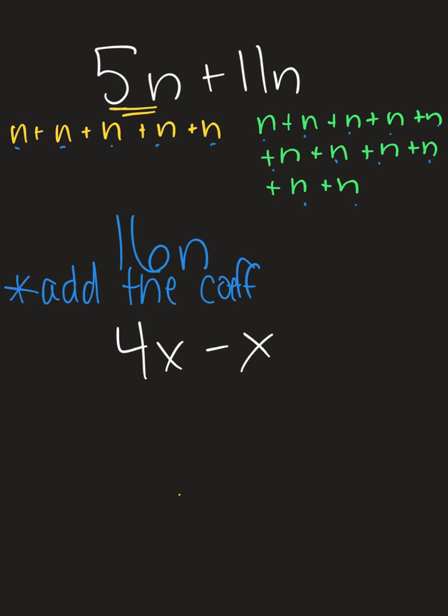Oops, let's spell this right, sorry. C, I, E, N, T. Add the coefficients. Let's rewrite that word a little bit better here. A little bit clearer. Okay, we add that number that is in front of the variable.